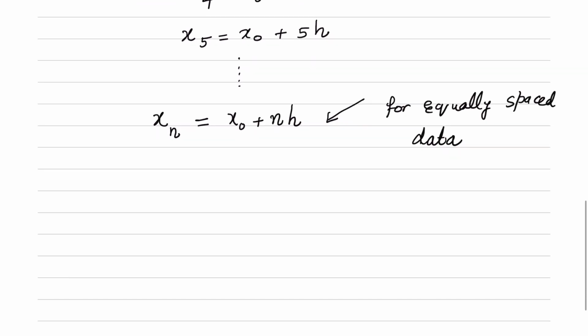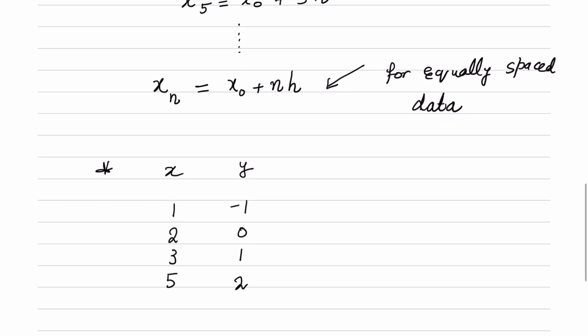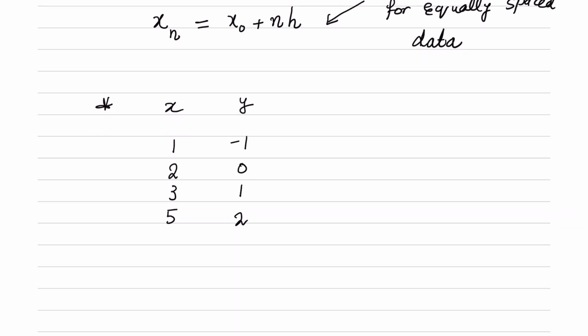Okay, so let's look at another example of data. Here we have x as 1, 2, 3, 5, and y values are -1, 0, 1, 2. So we have to decide if this data is equally spaced or not. The difference between the first two consecutive x values is 1.